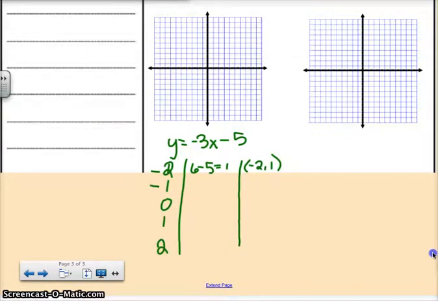-3 times -1 is +3. Minus 5 is -2. So I have the point -1, -2.